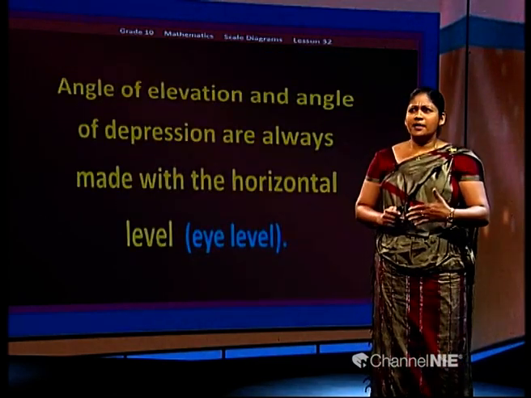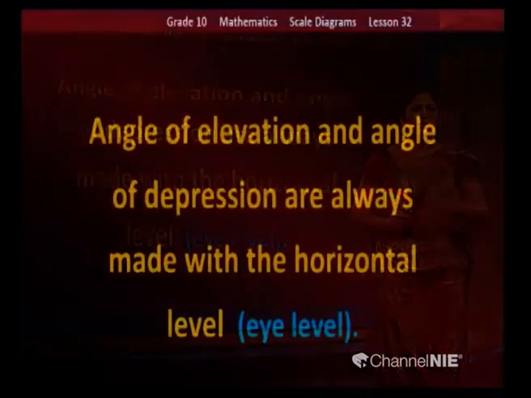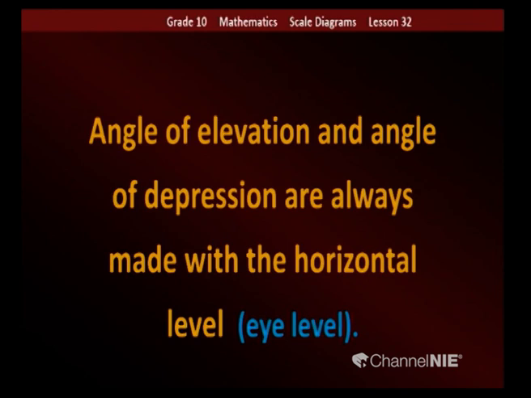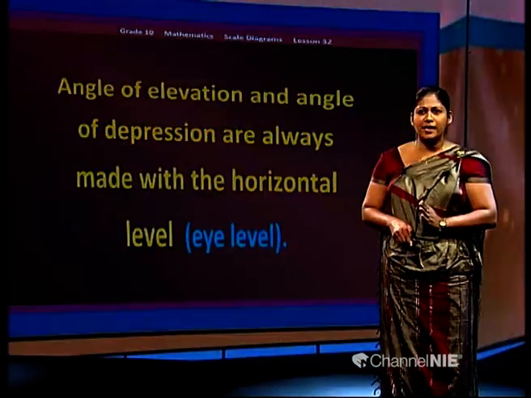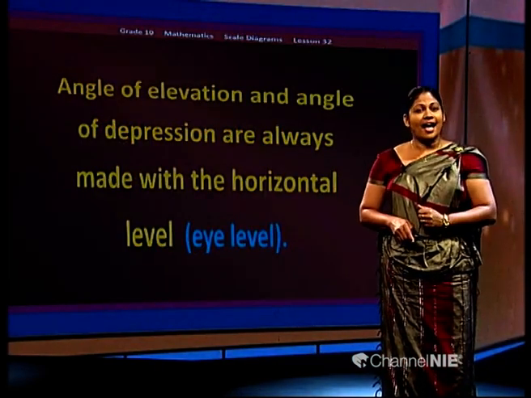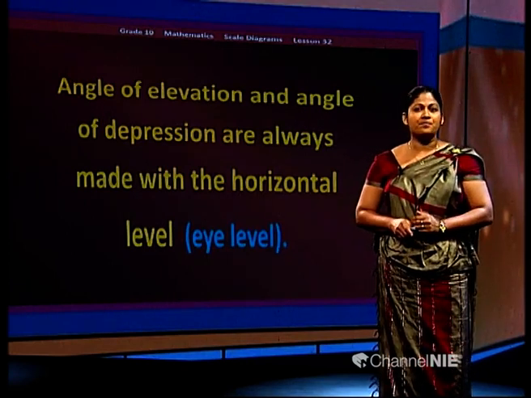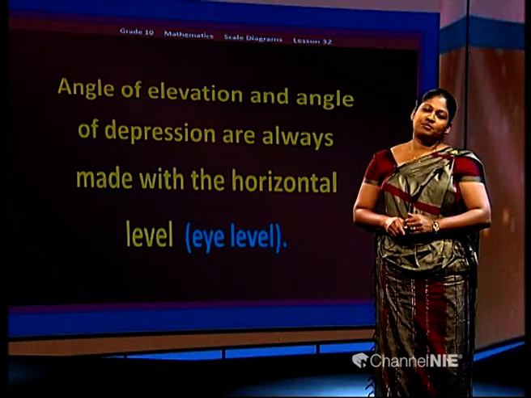Yes. Okay. Normally, the angle of elevation and the angle of depression are always made with the horizontal level, that is the eye level. Two types of angles we are measuring in the vertical plane, the angle of elevation and angle of depression with respect to the horizontal level.